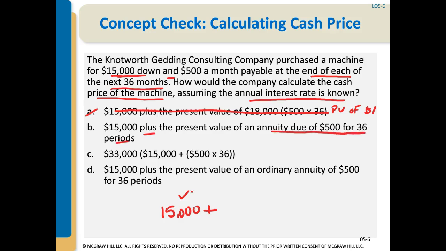Well, annuity due would be at the beginning of the period, so that's out. Here's a plain, simple 15,000 plus $500 a month for 36 months, which doesn't take any time value of money into account. So it's going to be D, 15,000 plus the present value of an ordinary annuity of $500 for 36 periods. There you go.